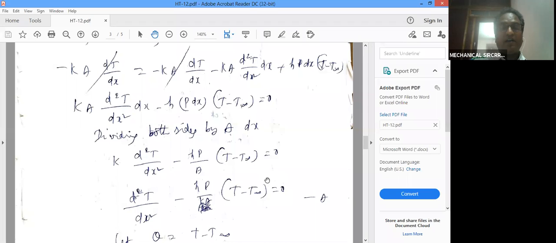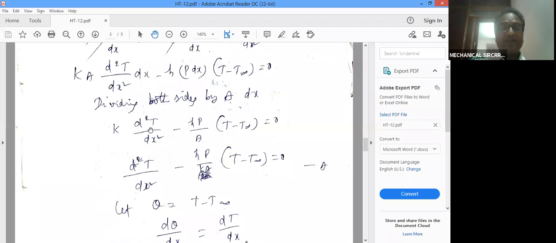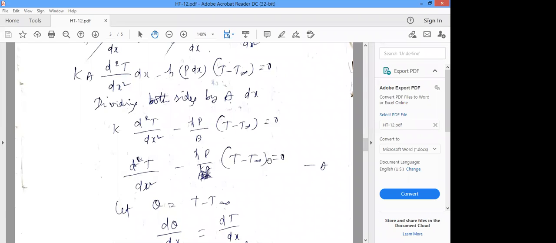Next, further divide by K, then d square T by dx square minus Hp by Ka into T minus T free stream is equal to 0.